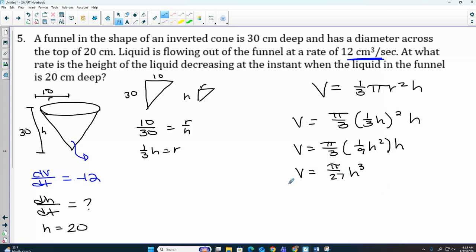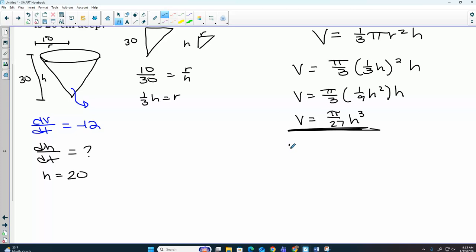This is what I want to do the derivative of. So derivative of V is dV/dt. Okay, if I bring down my 3, 3 over 27 is 1/9, so pi over 9 h squared dh/dt. dV/dt is negative 12. h was 20.